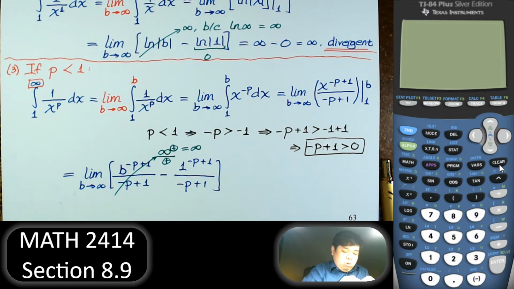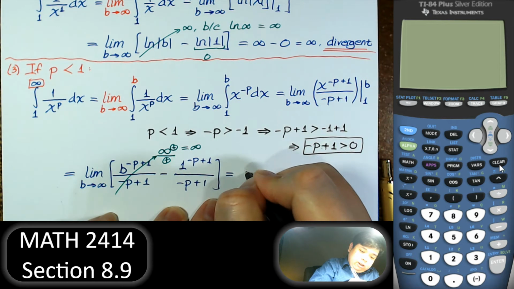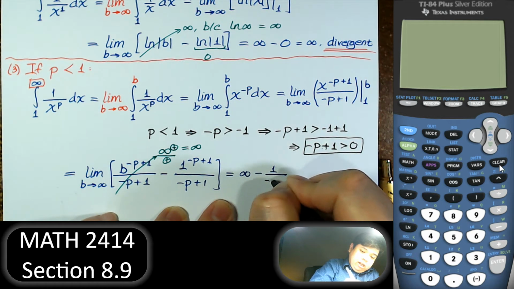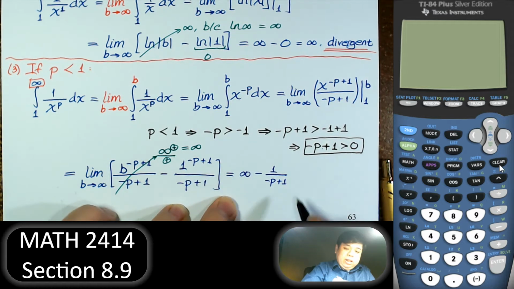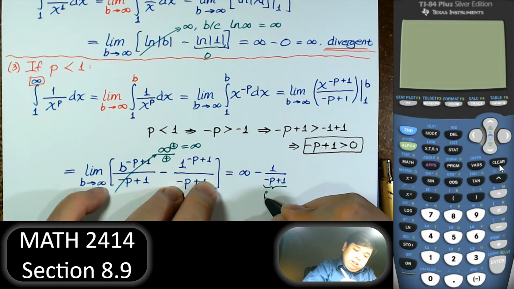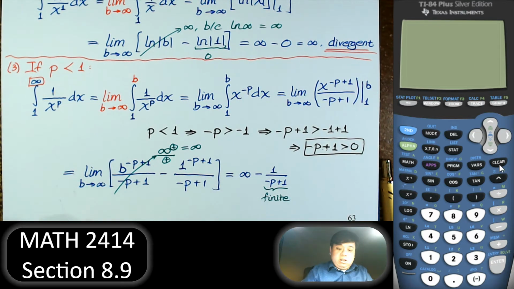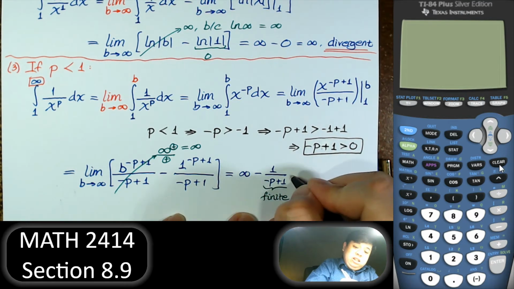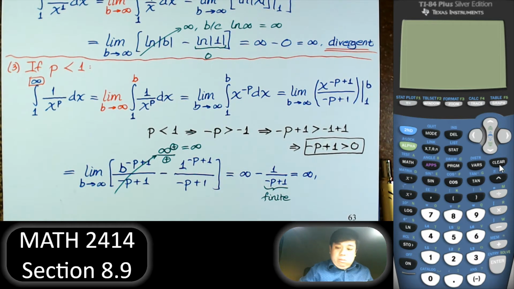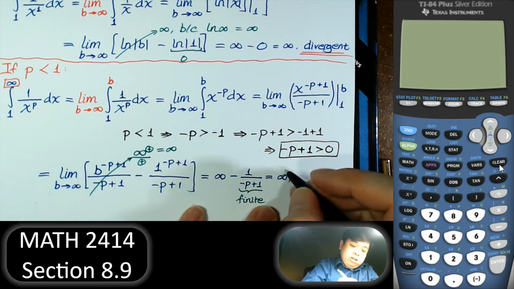So in this one we will have infinity minus 1 over negative p plus 1. Now this is positive. It doesn't matter though. This one is finite, by finite I mean it's a constant. Infinity minus a constant or plus a constant doesn't matter. It is equal to infinity. So because it is infinity, it is divergent.